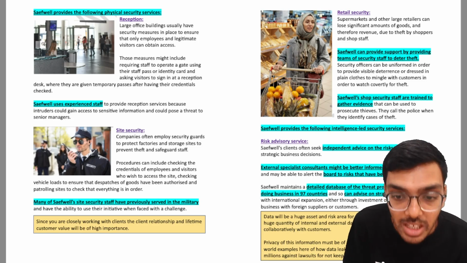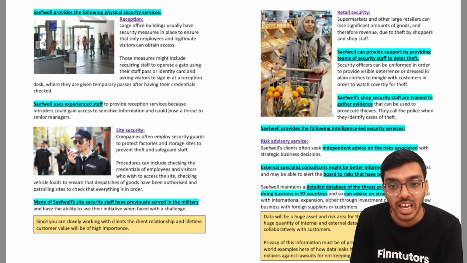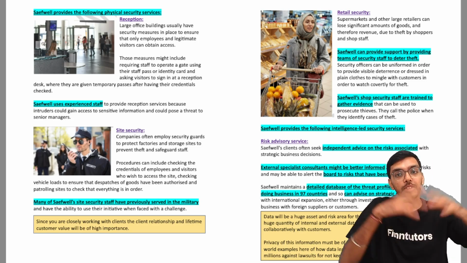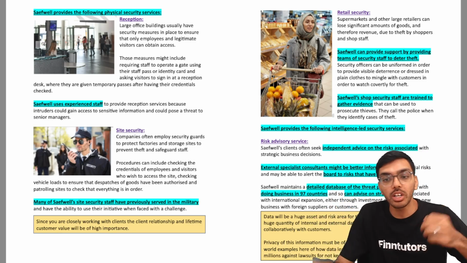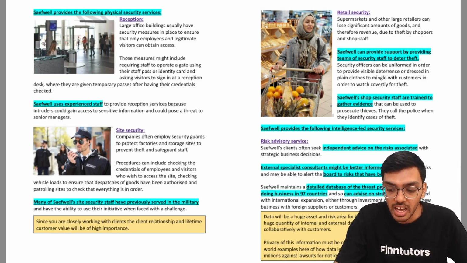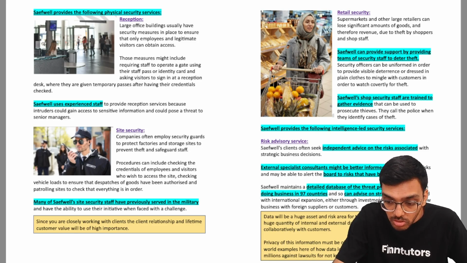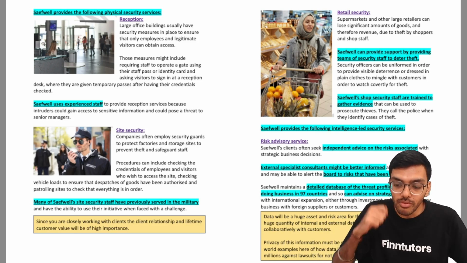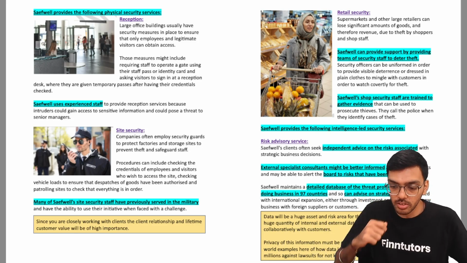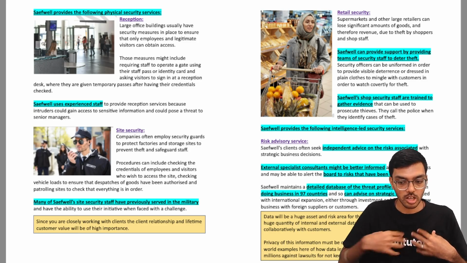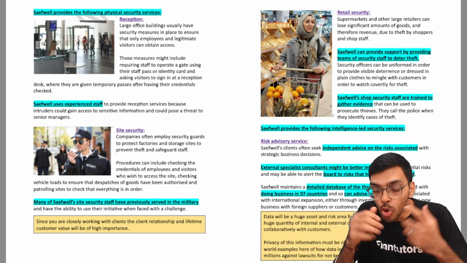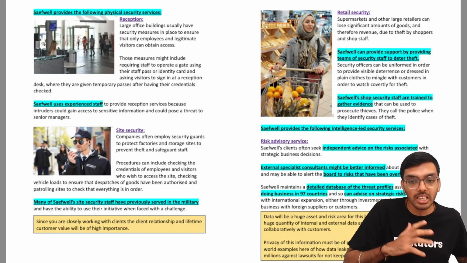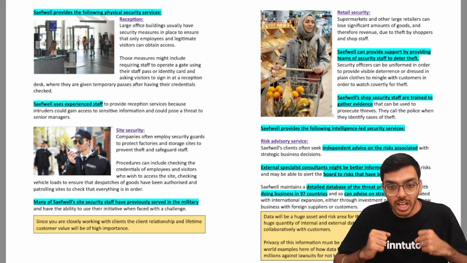So data will be a huge asset and risk area for this business. We have all of this data that we have stored. We have access to a huge quantity of internal and external data as we will be working collaboratively with customers. So it's going to be very important for us to know the benefits of data and the risk of data.